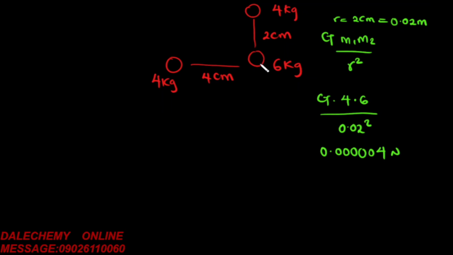Now you calculate between M1 and M3 as well. It will still be G times 4 times 6 over, now your R here is going to be 0.04 meter, so that will be 0.04 squared. If you calculate that, it is G times 4 times 6 divided by 0.04 squared.